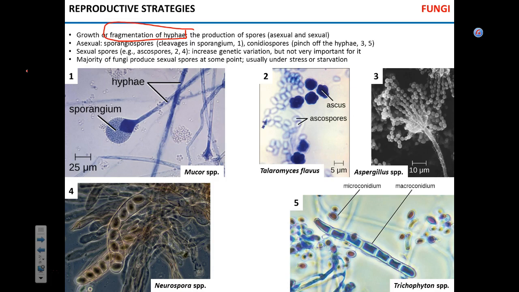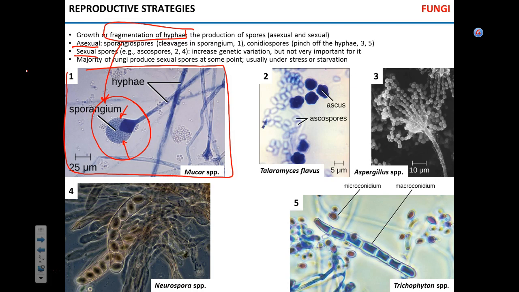Another way is to produce spores. Spores can be asexual and sexual. So, asexual spores, see here, one example are so-called sporangiospores. This sporangium of the fungus Mucor, which can cause pretty severe sinusitis, contains thousands of fungal spores. When the sporangium bursts, spores are released.